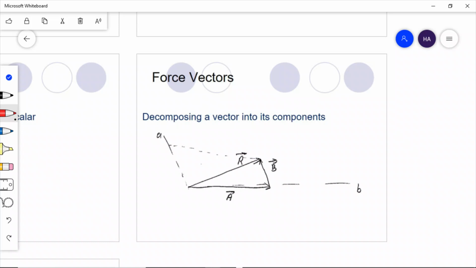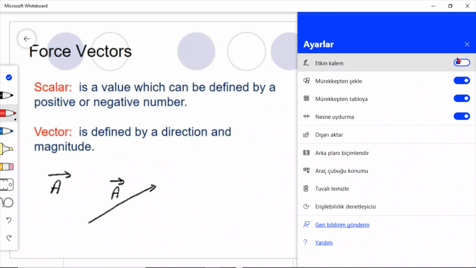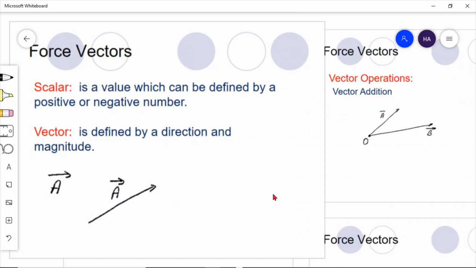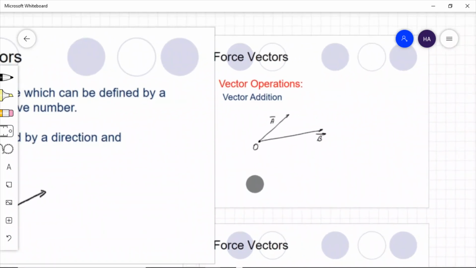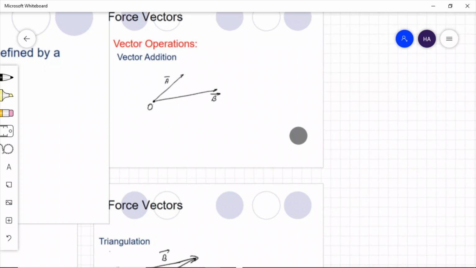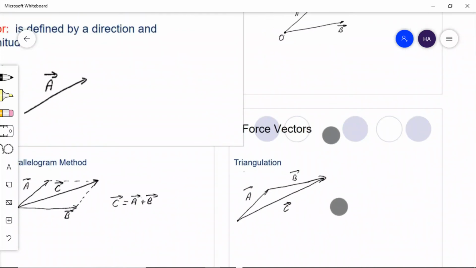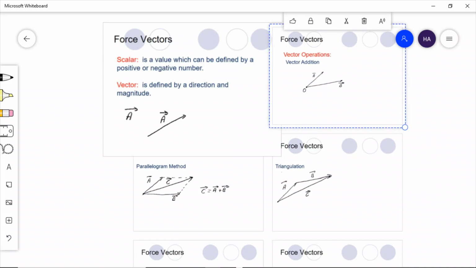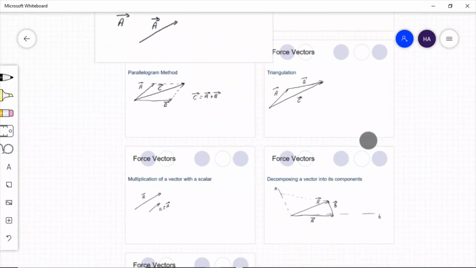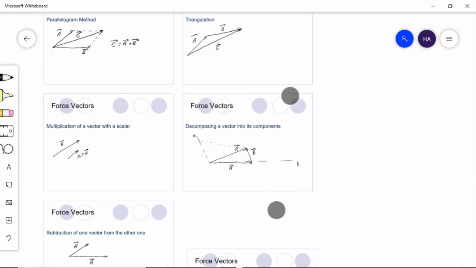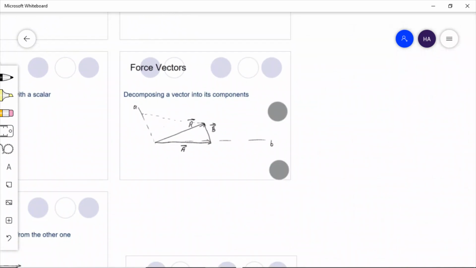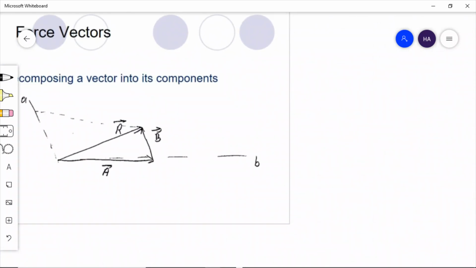If I look at this figure carefully, I can easily see that the summation of A and B will give me the original vector, or my resultant vector.